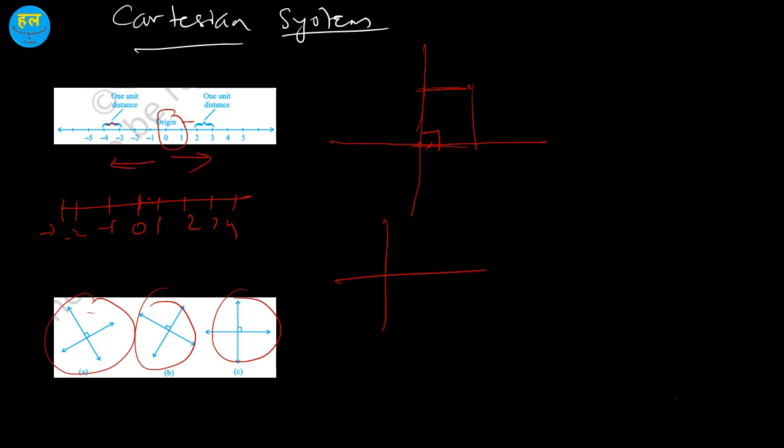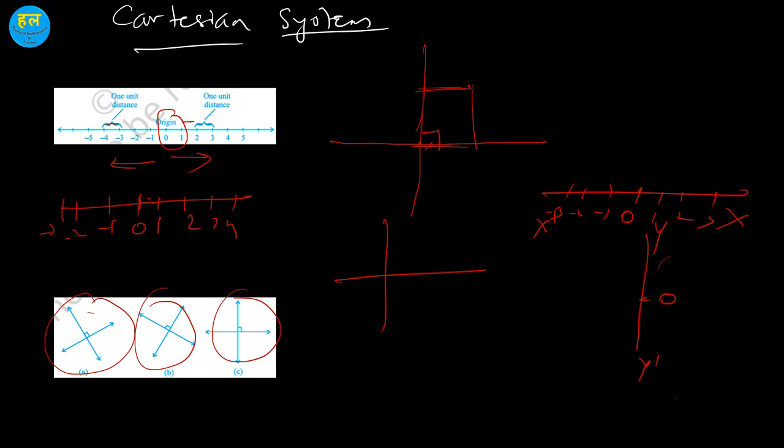We will take two lines, one horizontal, we'll name it x and x bar, and one vertical, y and y bar, and these lines will have one origin 0, and the positive side by equal fixed units 1 2 3, and the negative side equal fixed units.